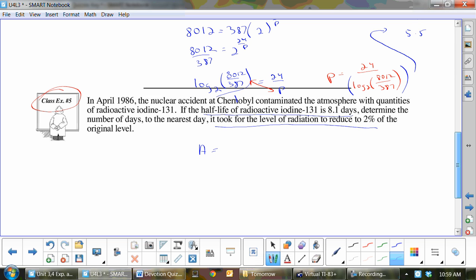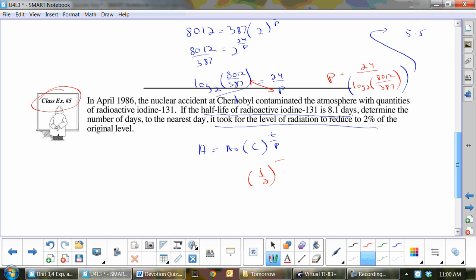So if you have A equals A naught times C to the T over P. Okay, what can I fill in? C is what? Half. What else?